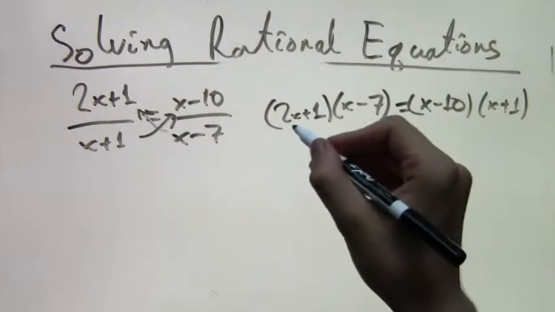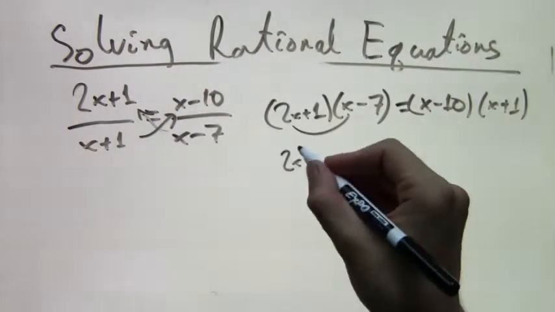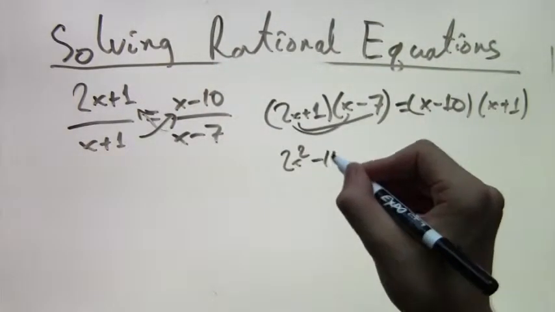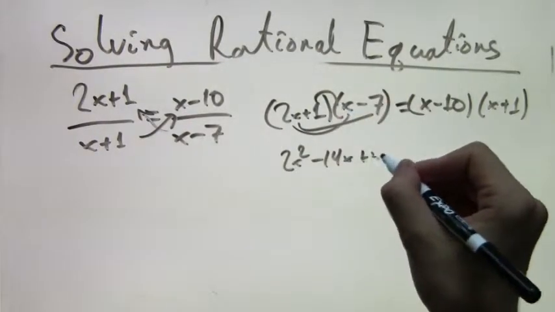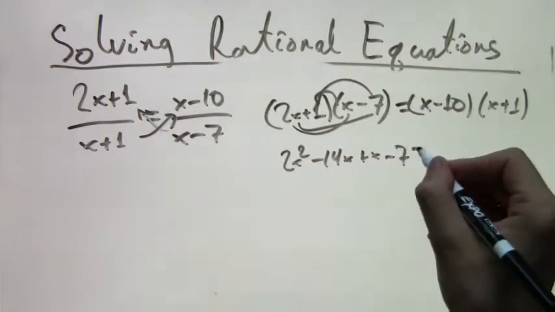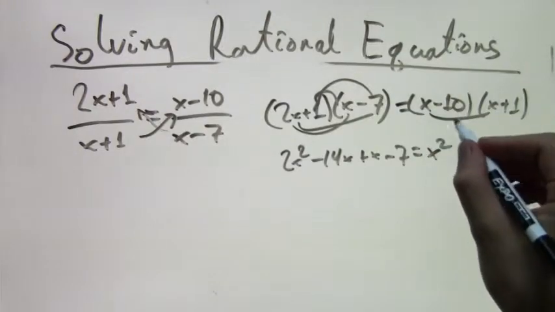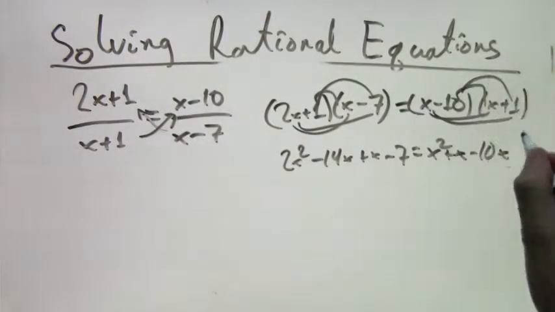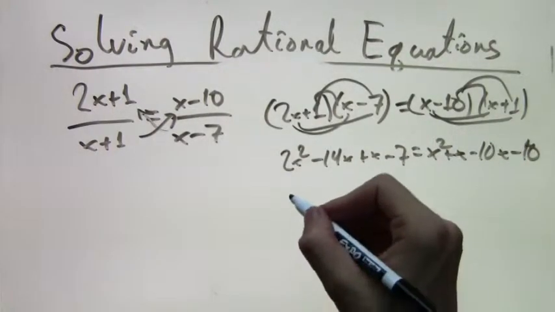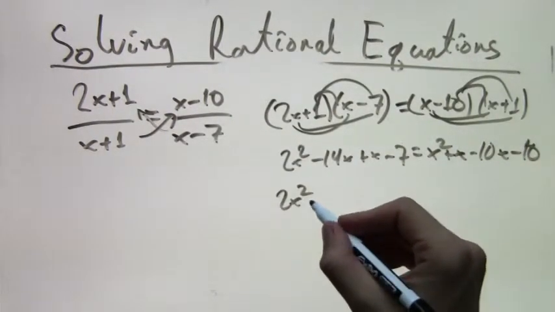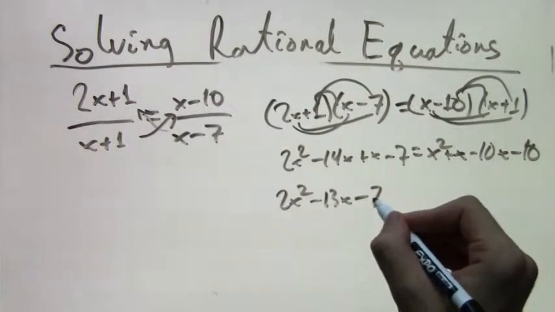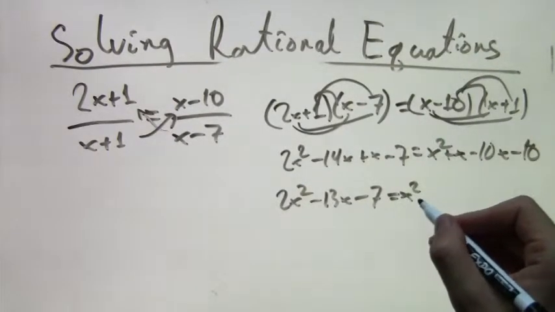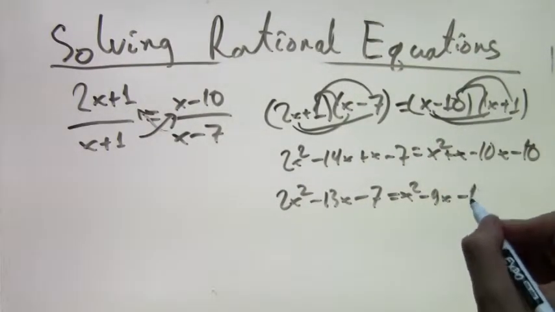And again, we're going to want to FOIL this. Get 2x squared minus 14x plus x minus 7 equals x squared plus x minus 10x minus 10. We're going to combine like terms. 2x squared minus 13x minus 7 equals x squared minus 9x minus 10.